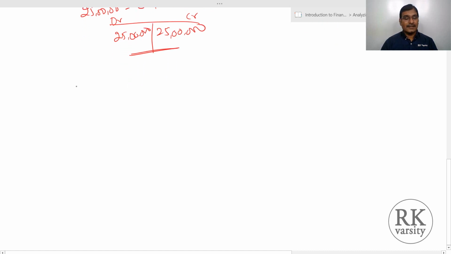Similarly, for every activity we will have the same. Like, let us say you paid cash of rupees 20,000 to buy a table. So here what is happening? This transaction has how many accounts?